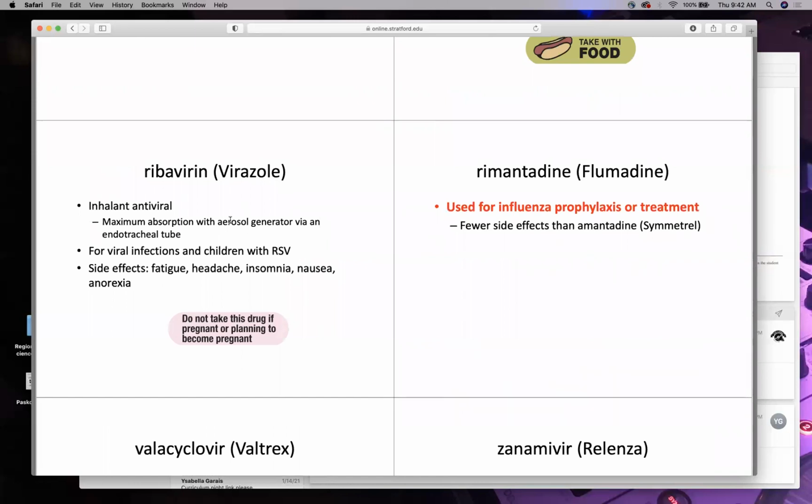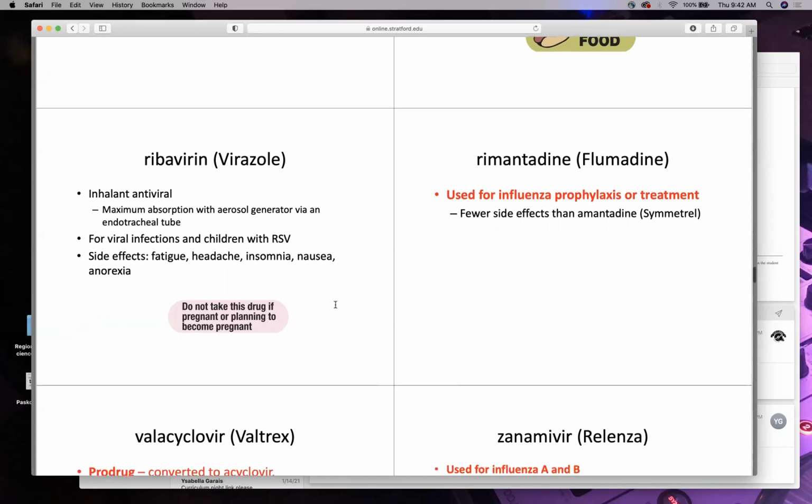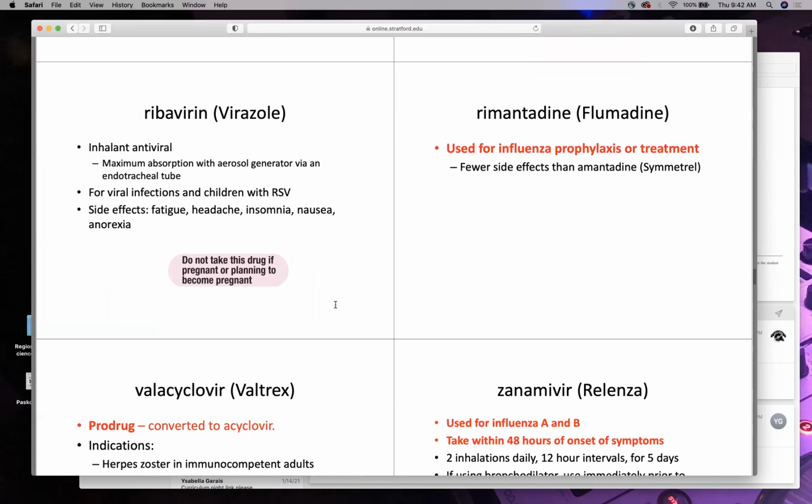Ribavirin, we use this for ET tubes, right? And for respiratory syncytial virus. Say that five times fast, okay? And you see children, RSV in kids, wow, it's a killer.